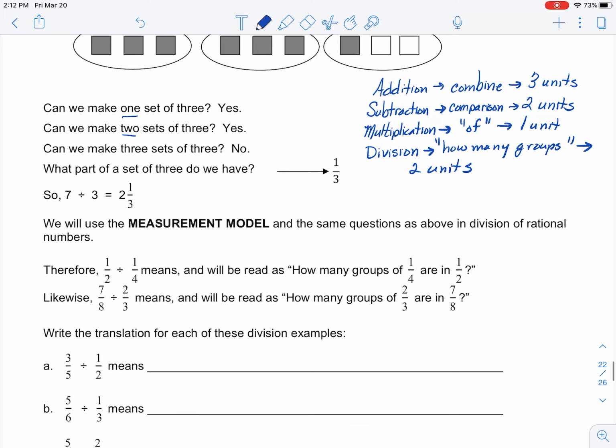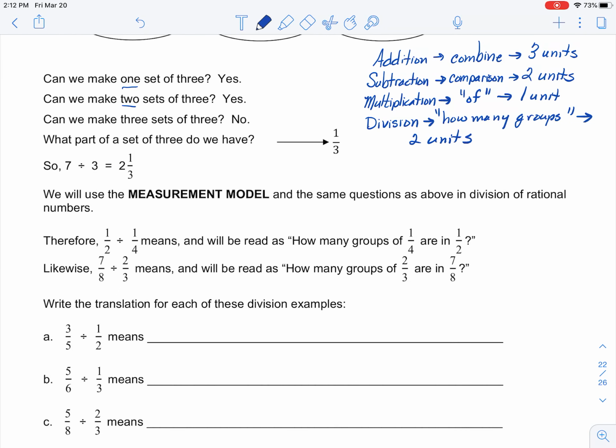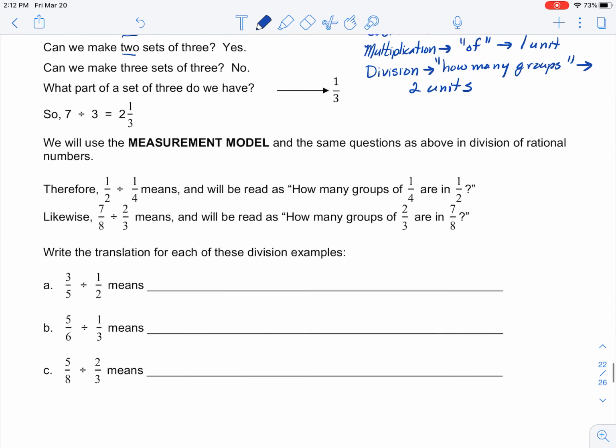So when you see a division problem, you need to think, for example, 1/2 divided by 1/4, you need to think how many groups of 1/4 are in 1/2. For 7/8 divided by 2/3, you need to think how many groups of 2/3 are in 7/8.